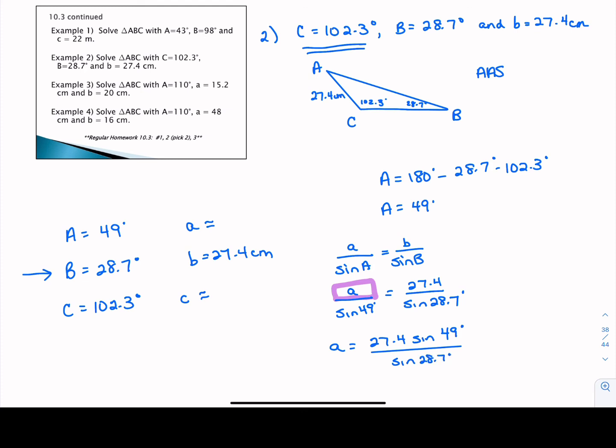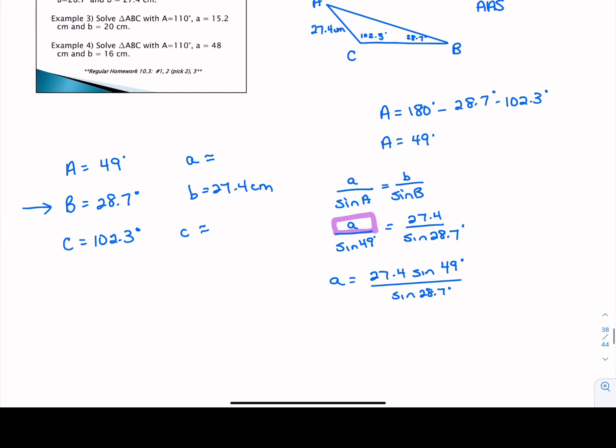I just did some cross multiplication and division. When we work this out, what you'll get for an a value is approximately 43.06, or we would say 43.1 centimeters as your length. We can see right away that that's bigger than side length b, but that makes good sense because angle A is larger than angle B. So far things are looking pretty good.